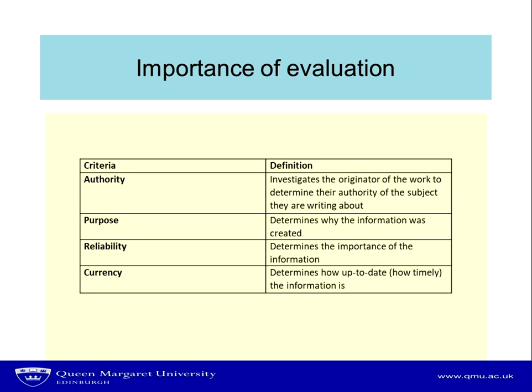The third criteria is reliability. And in this criteria, you are determining the importance of the information to your own research. The last criteria is currency. And this is where you're determining how up-to-date, how timely the information is. You don't want any outdated, incorrect information seeping into your own work.